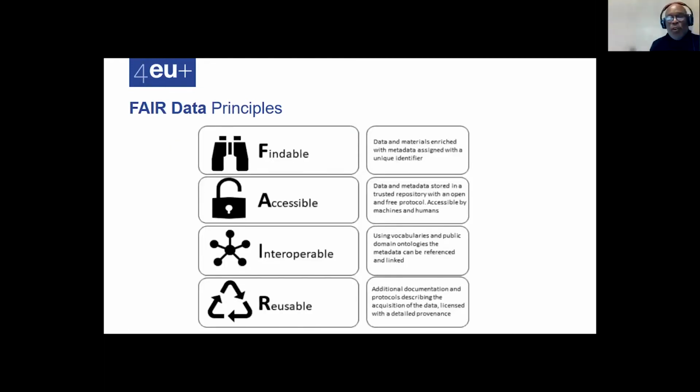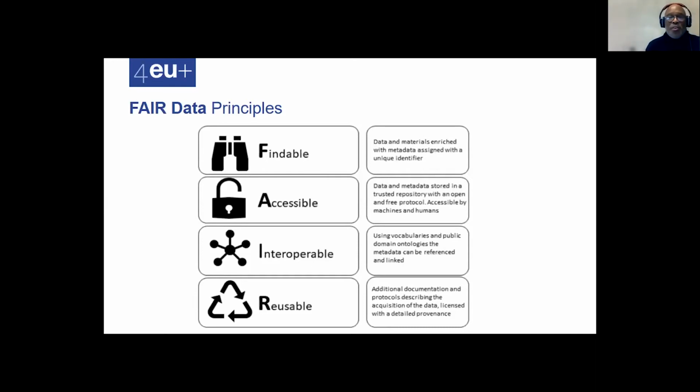So these FAIR data principles are broken into 4 components with 15 facets, and I'll speak a little bit briefly on what the facets are. But for the F, which is findability, data management and data produced needs to be enriched with metadata assigned with a unique identifier.